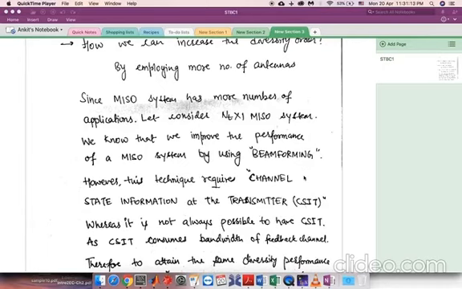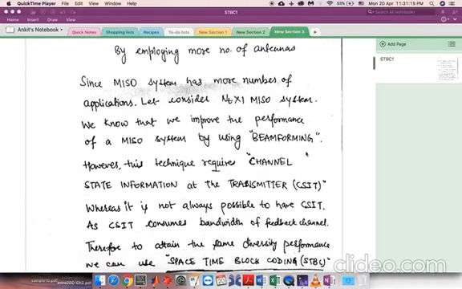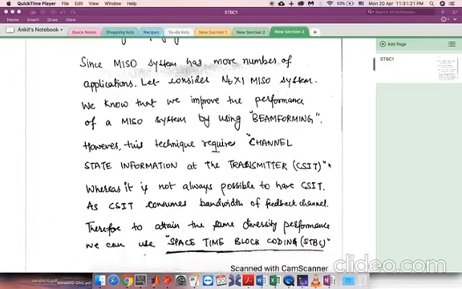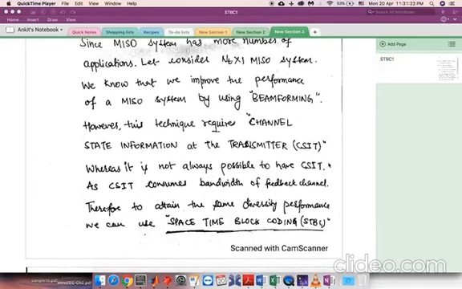This beamforming technique requires information about the channel at the transmitter. It is not always possible to have CSIT. In a practical scenario, the channel information will not always be available at the transmitter.